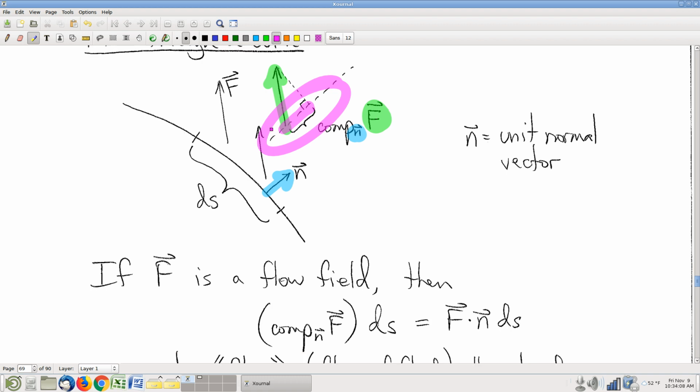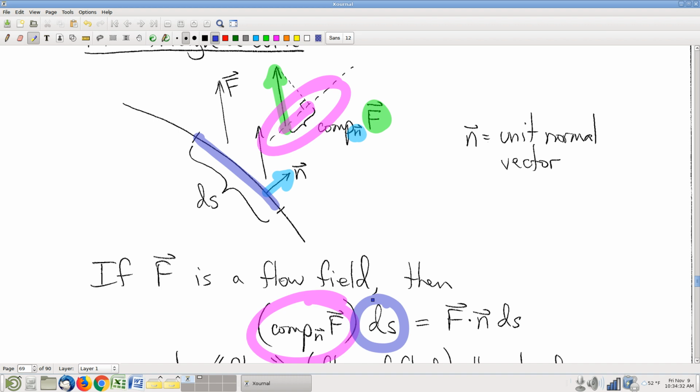So the idea is that component times how big your piece of curve is, is what's going to get our hands on this idea of how much fluid's going over the line. Does that seem kind of plausible?